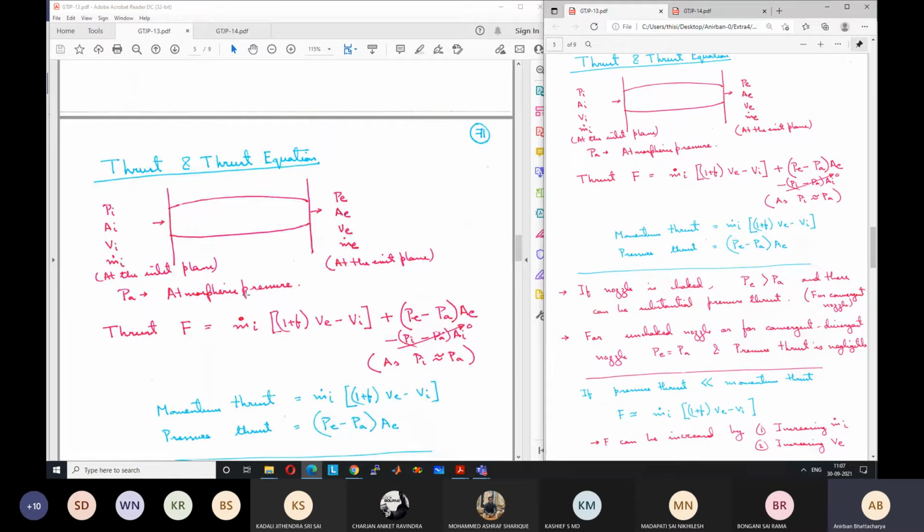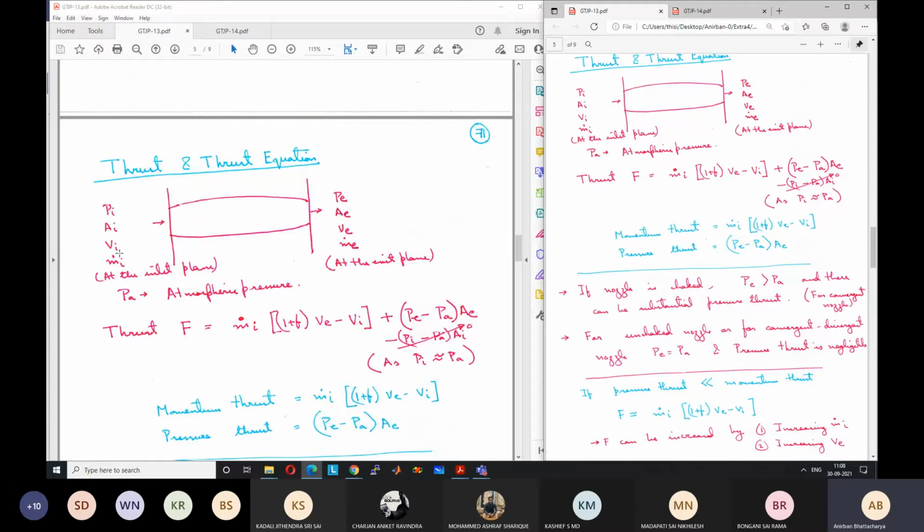For this type of calculation, we can just consider the engine to be a cylindrical pipe. It has air coming in at some mass flow rate m dot i with velocity vi, the area of the intake, let us call it Ai, and the pressure at the intake is Pi, which is equal to the atmospheric pressure.